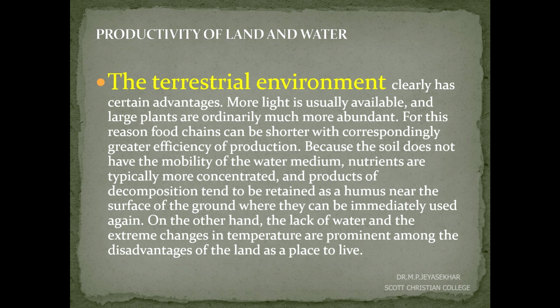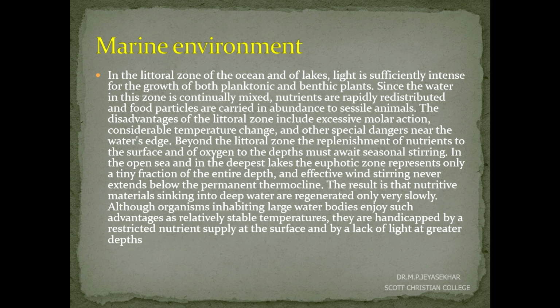Because the soil does not have the mobility of the water medium, nutrients are typically more concentrated and products of decomposition tend to be retained as humus near the surface of the ground where they can be immediately used again. On the other hand, the lack of water and the extreme changes in temperature are prominent among the disadvantages of the land as a place to live.